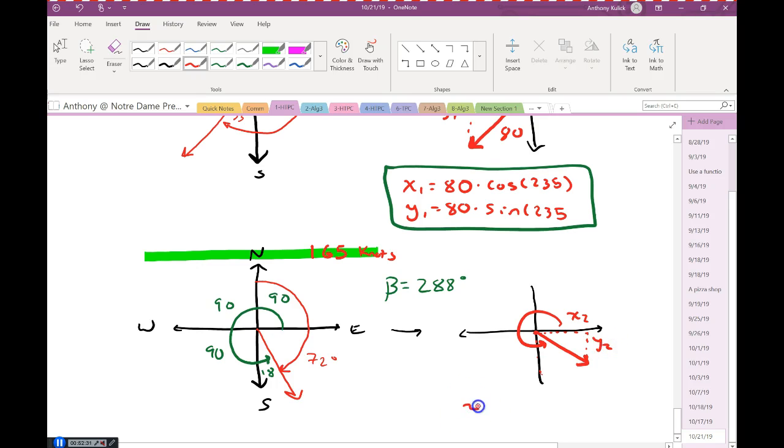To do that, I'm just going to take the magnitude times cosine for the horizontal component and the magnitude times the sine for the vertical component.